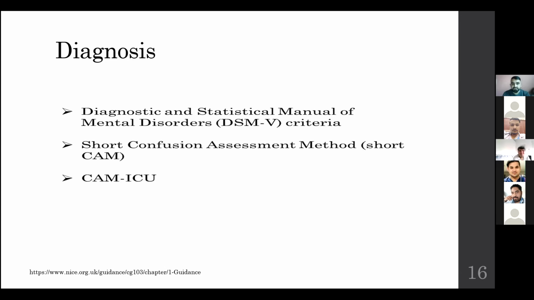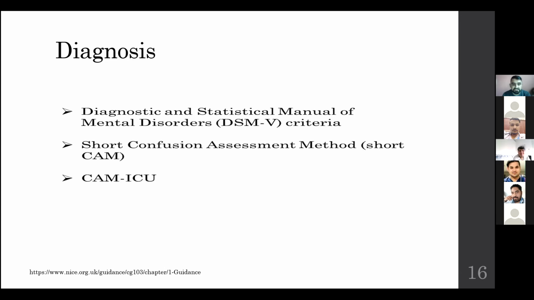for the diagnosis of delirium, these are some tools used in our setting. Firstly, the DSM-5 criteria, developed by the American Psychiatric Association, should be used in diagnosis of delirium.